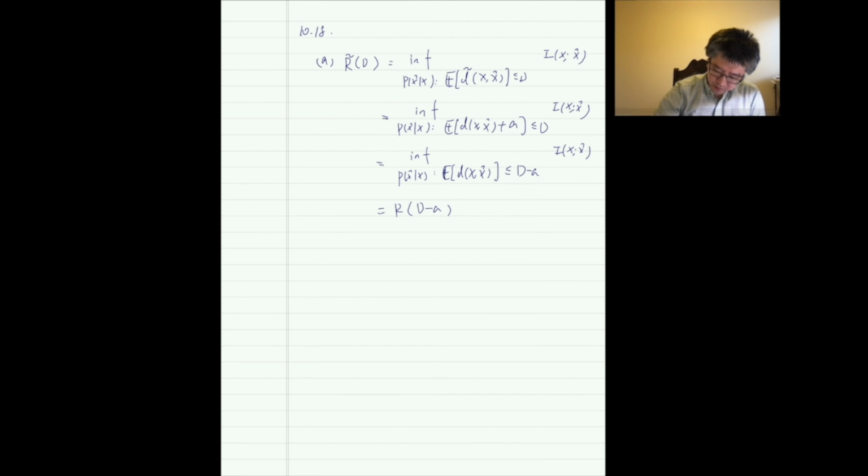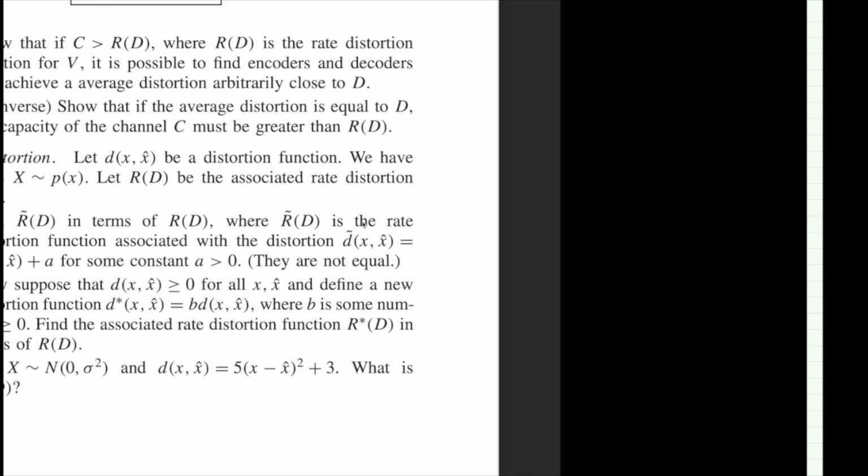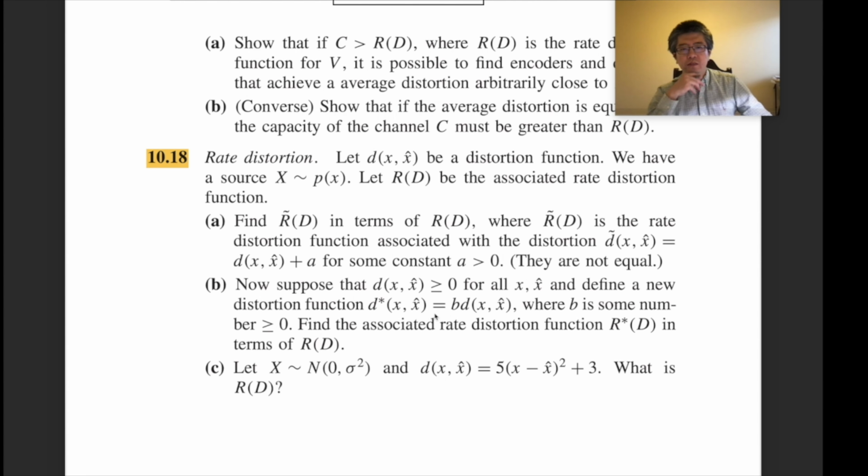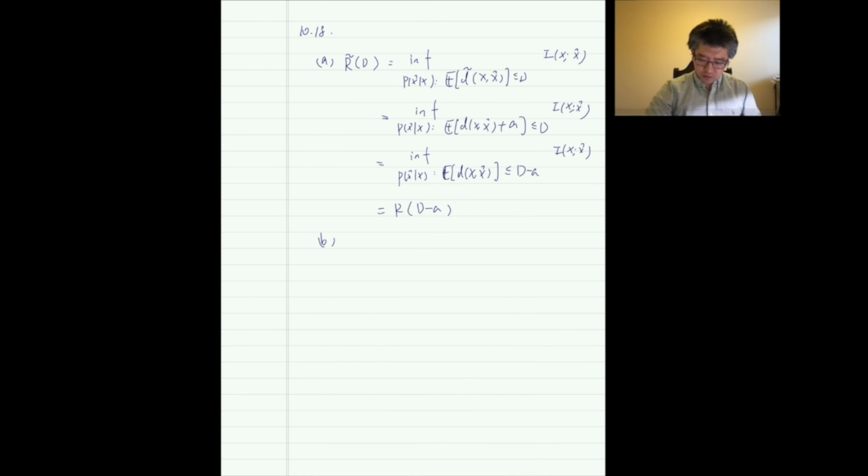So the next step is for part B. So for part B, what we have here is that the new distortion is B, a constant, multiplied by the old distortion. But B can be bigger than 0 or equal to 0. Okay, so we need to discuss it separately. So when B is bigger than 0, then we can pretty much repeat the same procedure here.